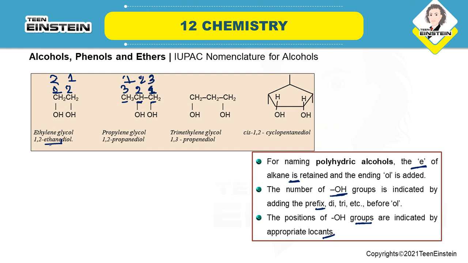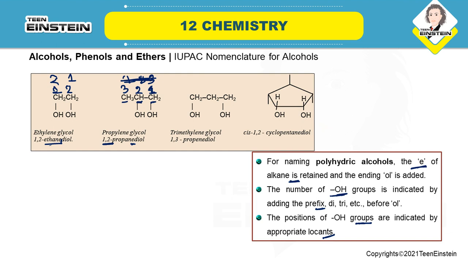In that case the name will be 2,3-propanediol, but 2,3 is not accepted because when 1,2 positions are available, why would you write 2,3? Because you are not giving the minimum number. Okay, so that is why this is not correct. 1,2-propanediol, see, this E is written, then diol.